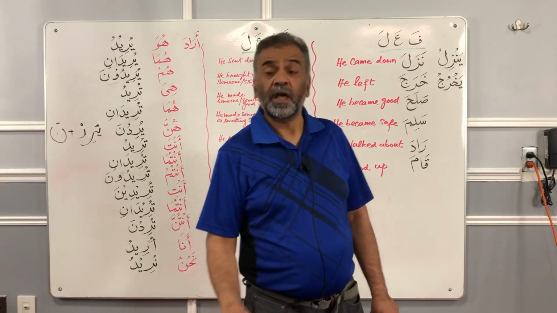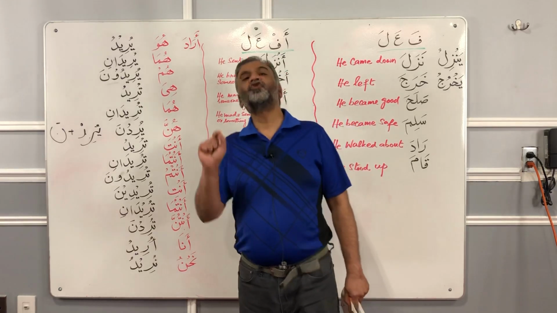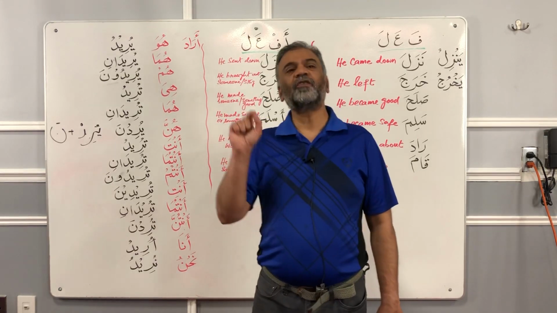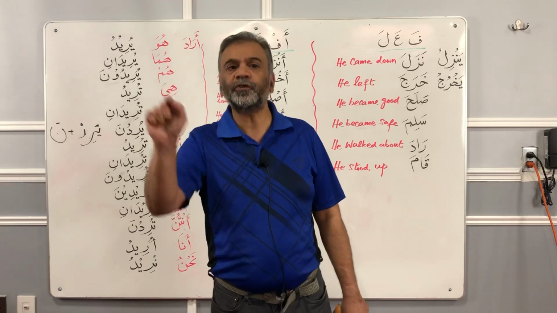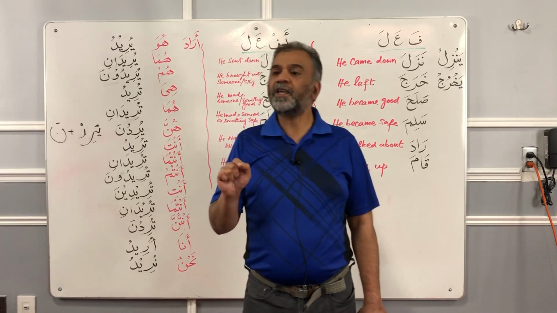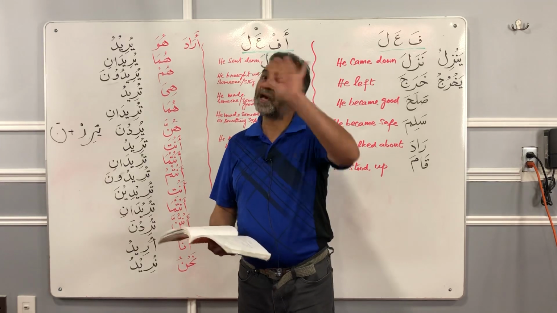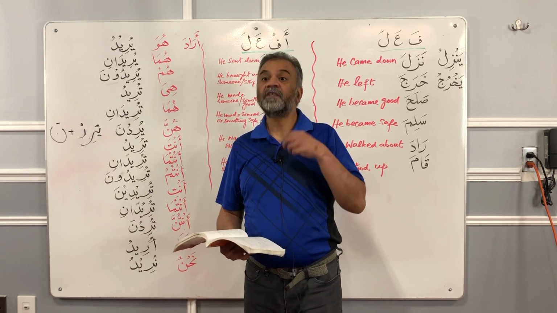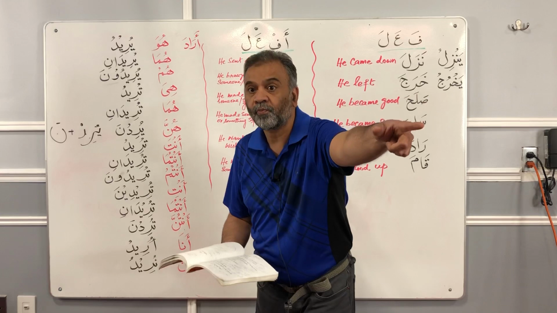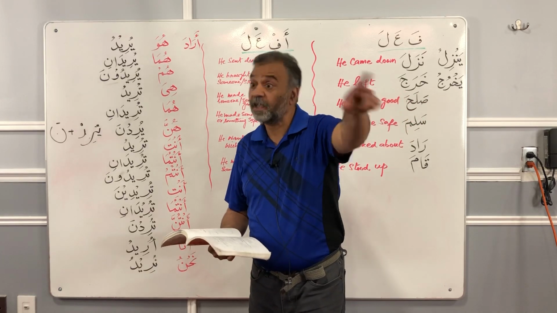We know that. But if I want to exclusively use a verb for future tense, then I use harfu istiqbal, seen. Sa azhabu. Azhabu, I am going. Sa azhabu, I will go, in the near future.